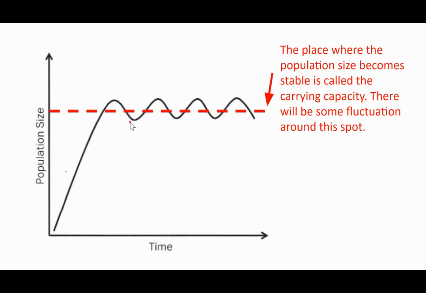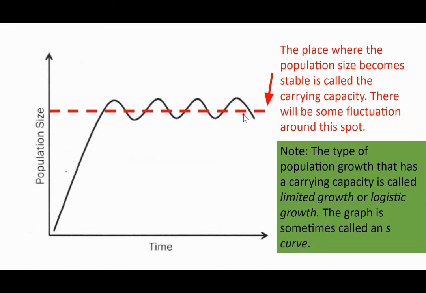Right. And then they reach kind of a stable point where there's enough resources and they come back again and they're like, oh no, we exceeded it. And then they dip down again. But this is our carrying capacity, which again, we defined as the maximum number of individuals that a single environment can support.